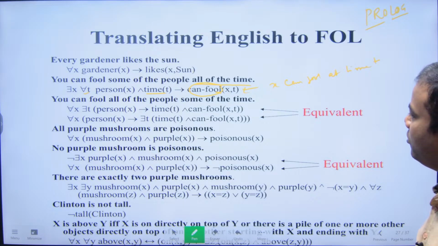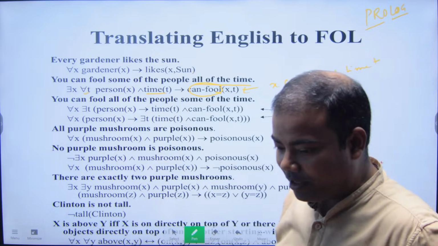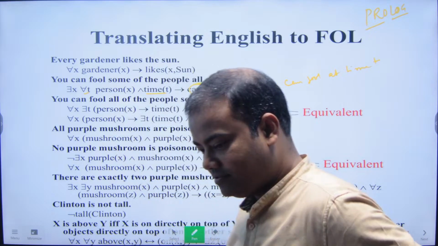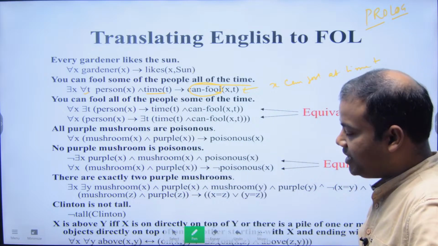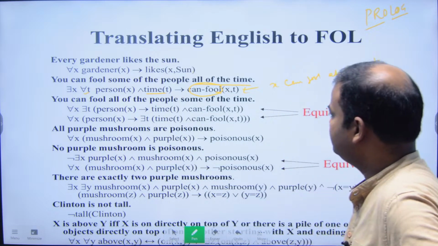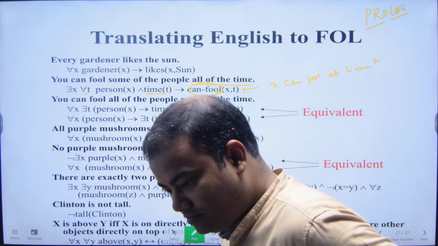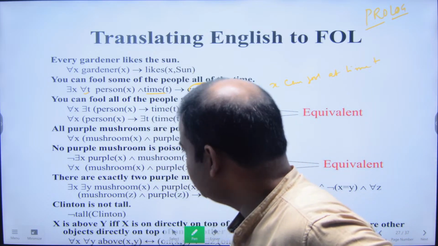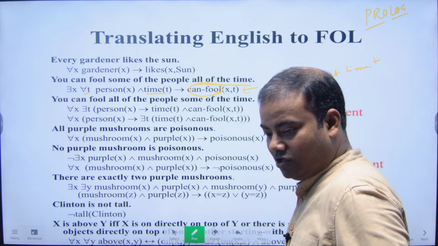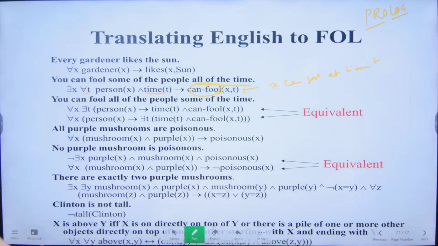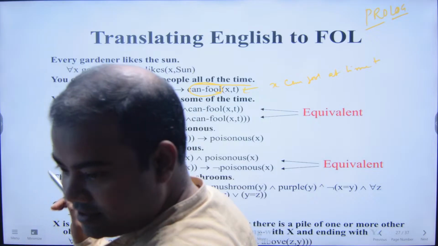You can fool all the people some of the time. Some of the time means there exists t. Yes. For all x, P(x), if... One thing always remember: whenever you have for all, then definitely there is an arrow sign, and if there is exists, then there is an and sign.